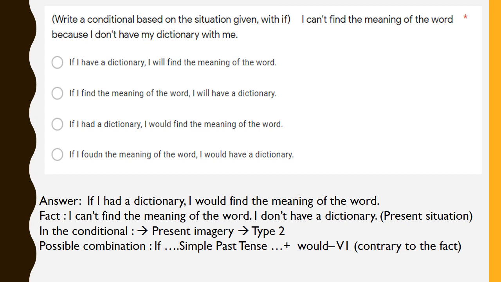I don't have a dictionary. It shows present situation. So in the conditional, we use present imagery or type 2. And the possible combination is if simple past tense combined with would verb 1, or contrary to the fact.